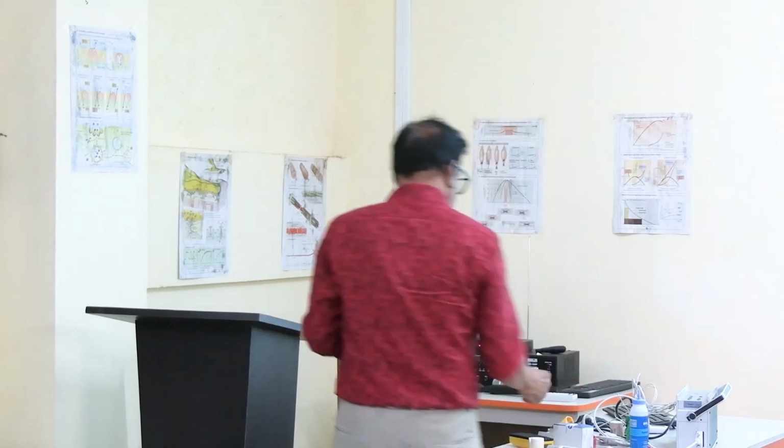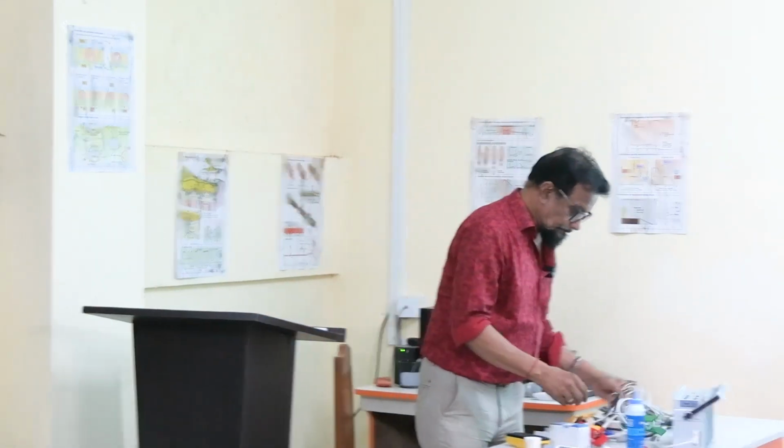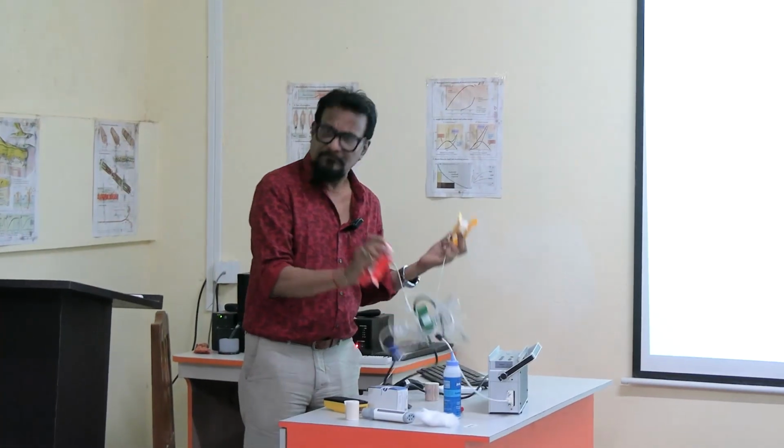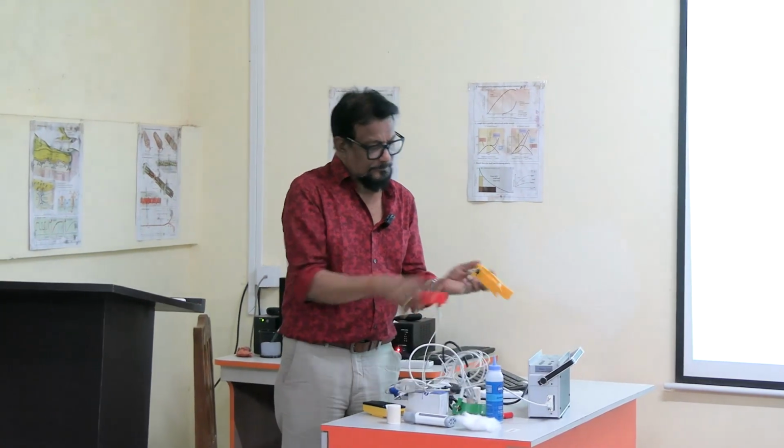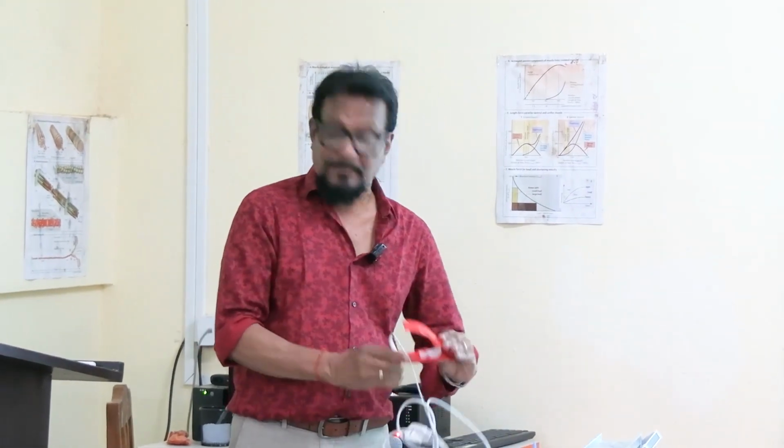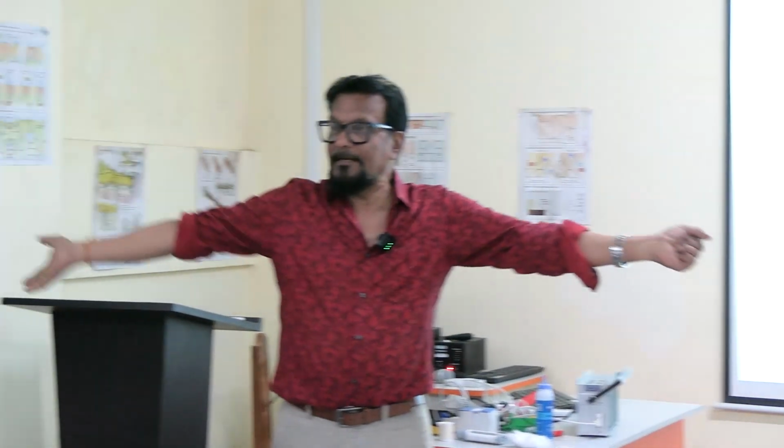For lead 1, I have two electrodes. Suppose this is one electrode and this is another electrode. I placed it: the left hand is the positive pole, the right hand is the negative pole.